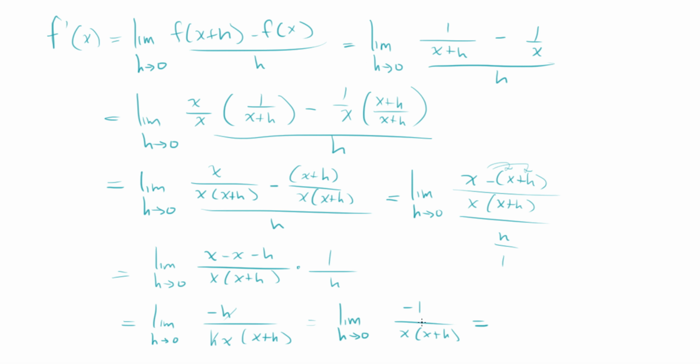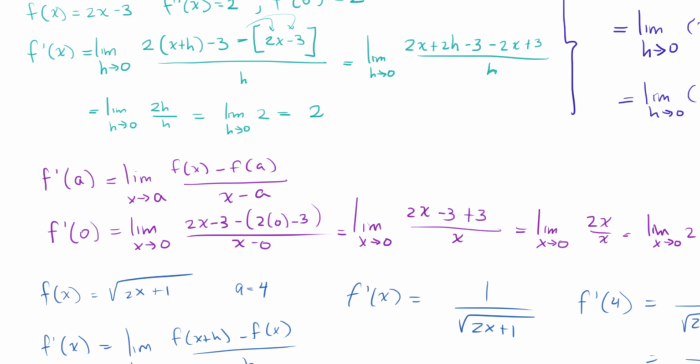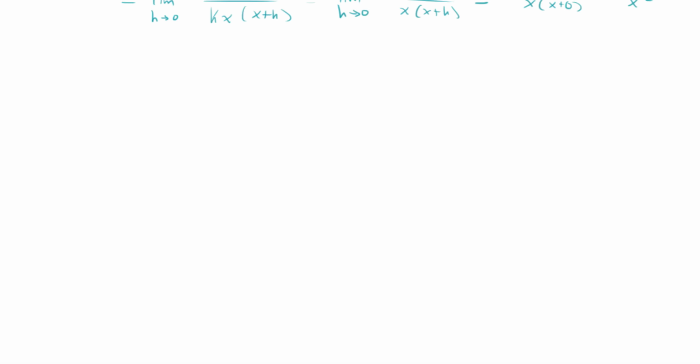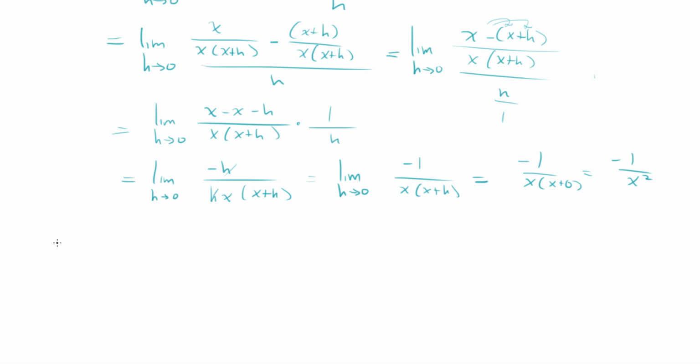If we plug in 0 for h, you get negative 1 over x times x plus 0, which is negative 1 over x squared. Now it wants us to plug in 2 for x. So again, f prime of x is negative 1 over x squared. f prime of 2 then becomes negative 1 over 2 squared, which is negative 1/4.